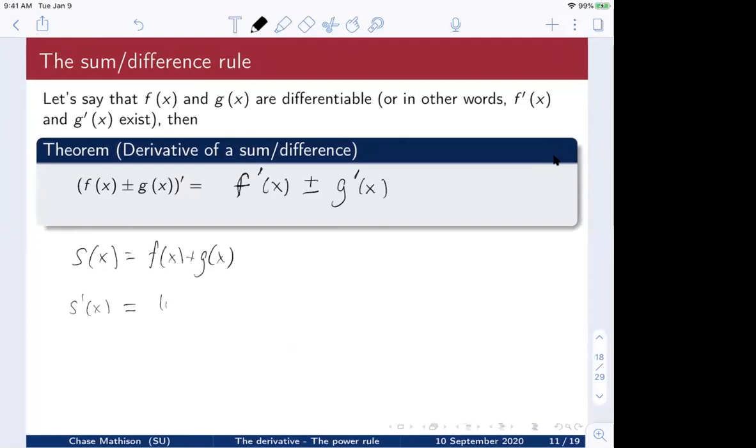But by definition, that's the limit as h approaches 0 of s of x plus h minus s of x divided by h. All right, what is s of x plus h equal to?